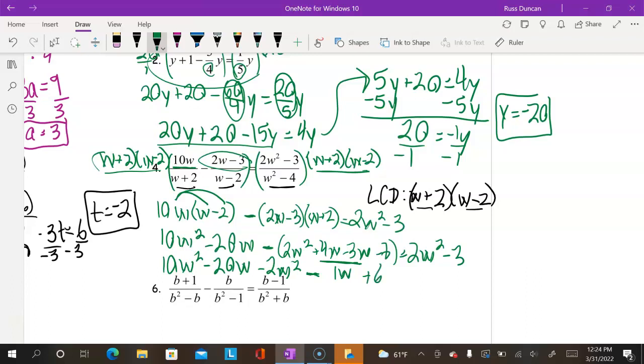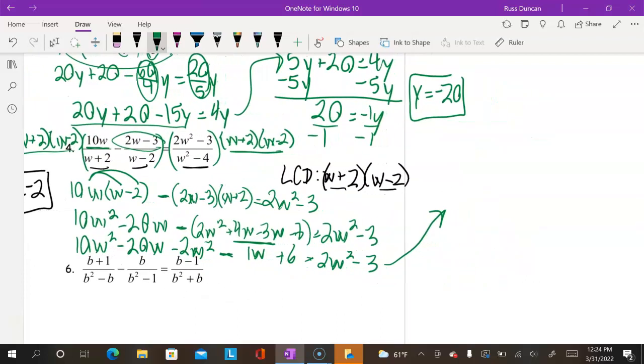Okay, so plus 6. Okay, it's going to take some room. So combining like terms, I get 8w squared minus 20 and 1. So minus 21w plus 6 equals 2w squared minus 3.